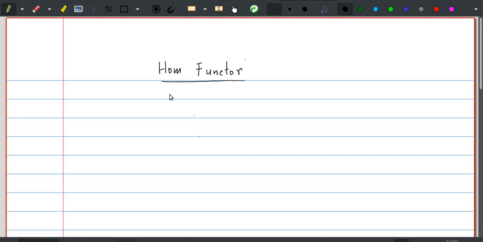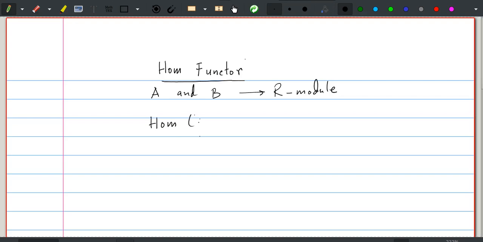So if we had two R modules, say A and B, they are R modules. Now let us consider the set of all R module homomorphisms from the module A into module B, and let us denote that set by Hom(A, B).